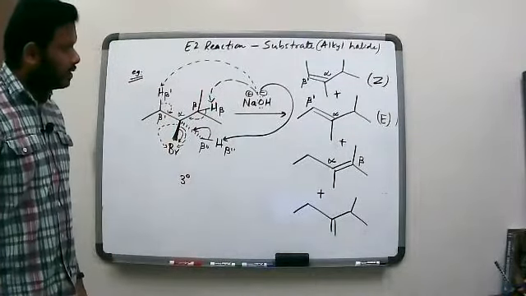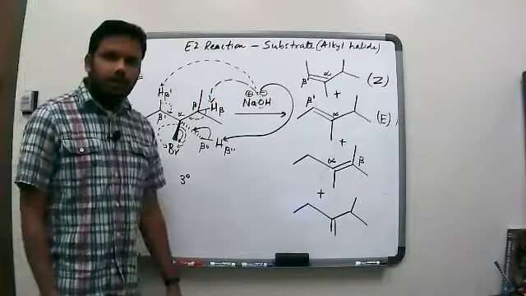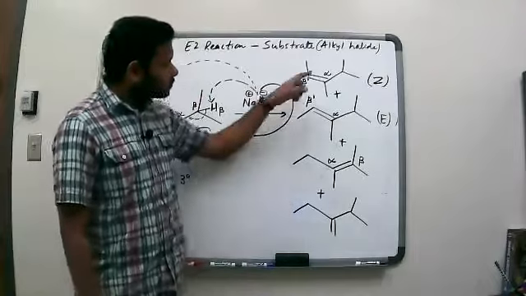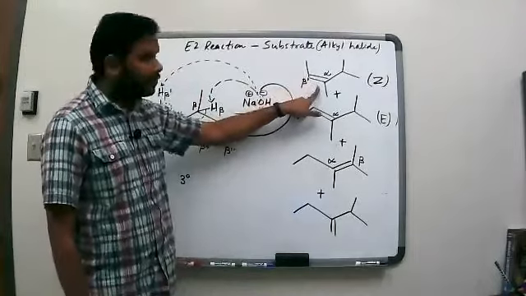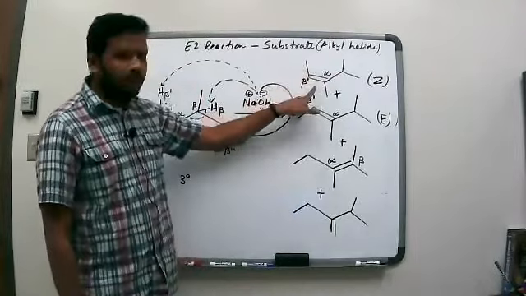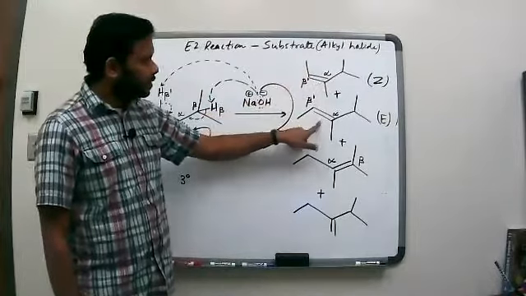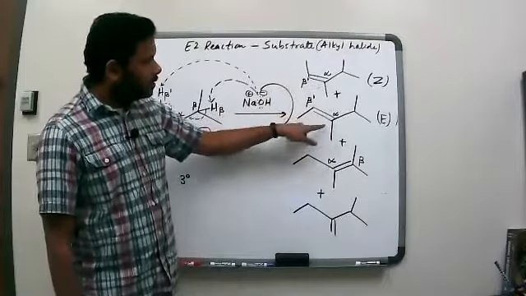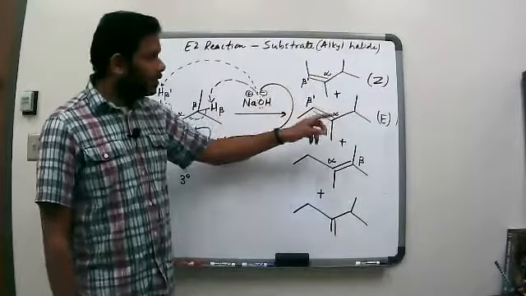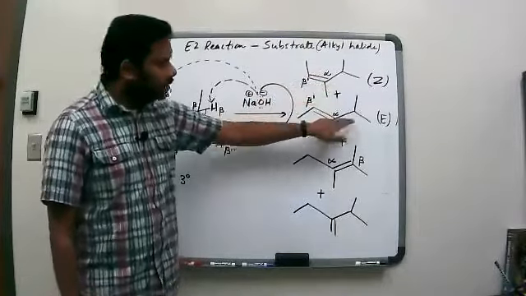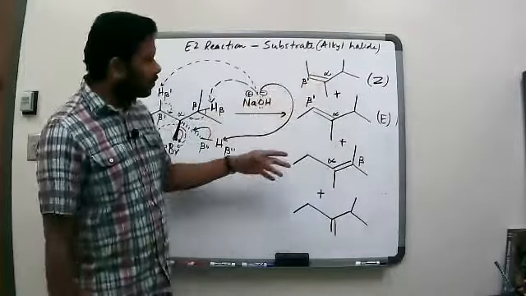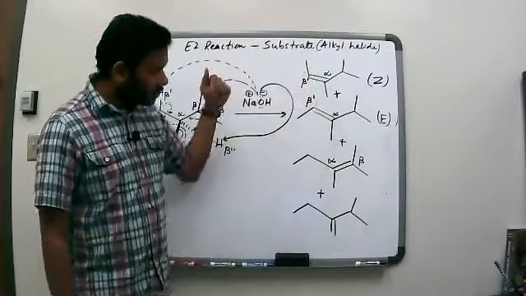Which one of these is going to be the major product? So if I look at these, the first alkene is a tri-substituted alkene. Second one is also a tri-substituted alkene. Between these, one is E and the other one is Z. So between these, I can say, okay, the E is major, the Z is minor, but they may not be the major products overall because they are tri-substituted.